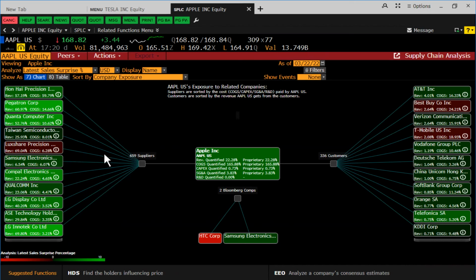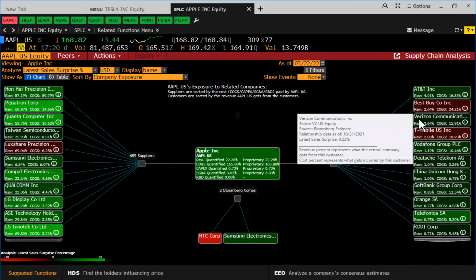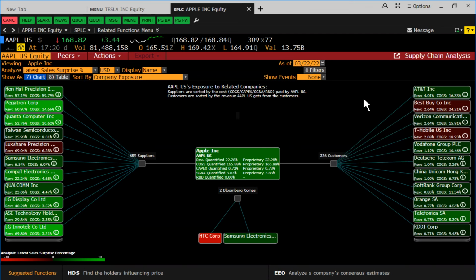You have Samsung, you have Taiwan Semiconductor, and for their customers, mainly they are, for example, Best Buy, AT&T, T-Mobile, Verizon, and all across the US, and also from other countries as well.